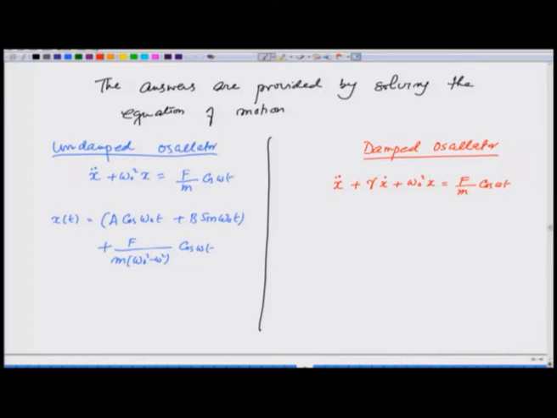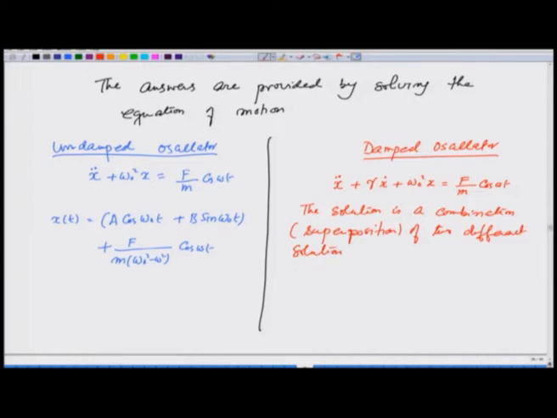And as is the case in the undamped oscillator, the solution is a combination, or mathematically the correct term is superposition, of two different solutions.